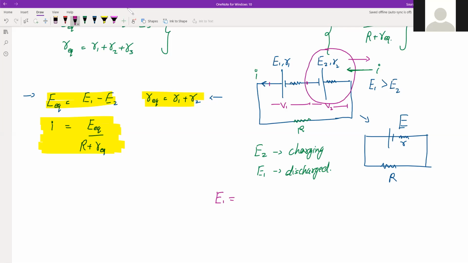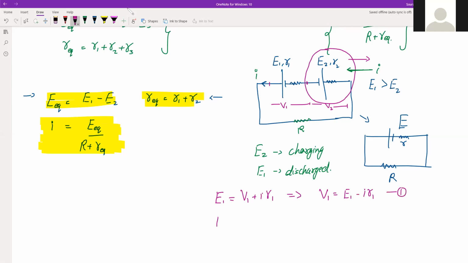So E1 is actually equal to V1 plus Ir1, sorry, internal one, Ir1, or we can say that V1 is equal to E1 minus Ir1.